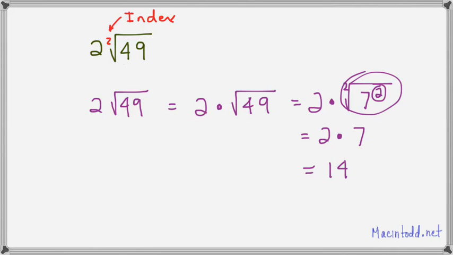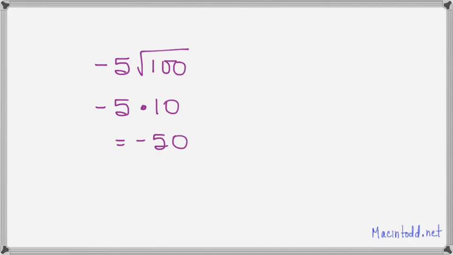So we get 14. So keep in mind when there's no symbol between the radical and a number out in front, it just means multiply 2 times whatever that's equal to. Here's another example of that, -5 root 100. The square root of 100 is 10, so this is -5 times 10, or -50.